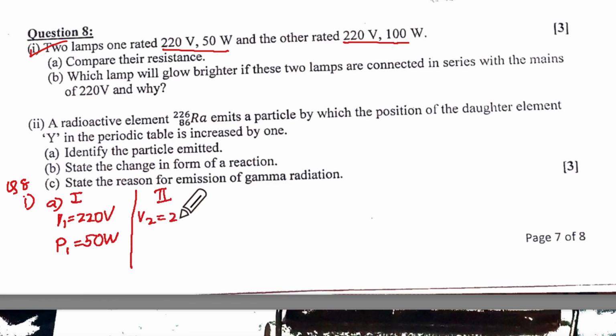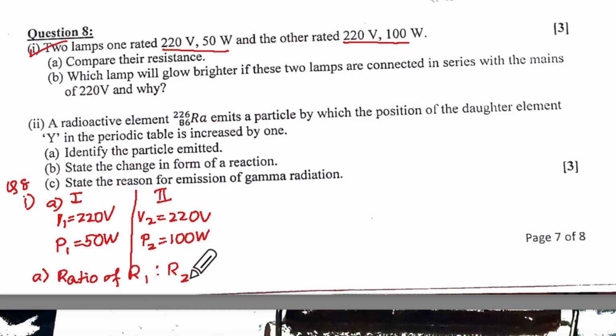V2 is 220 volt and P2 is 100 watt. They are asking for the ratio, compare their resistances, which means R1 is to R2.